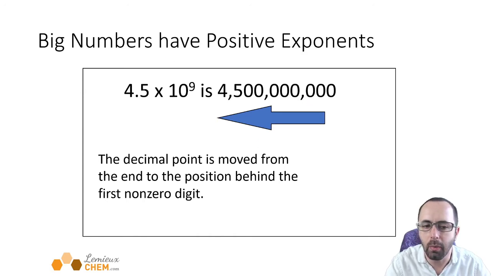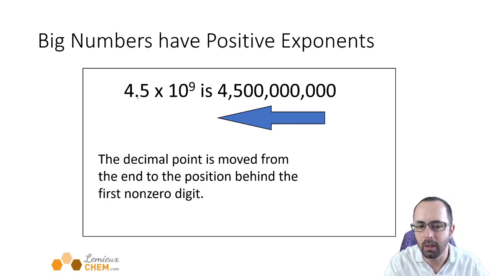Well, you would do that by taking a decimal and moving it in a way that would make the number big, because 10 to the 9th is a positive exponent, and that is indicating a big number. So if we wanted to change this scientific notation to standard notation, we would move the decimal point 9 places in a way that makes the number bigger. 1, 2, 3, 4, 5, 6, 7, 8, 9, right?